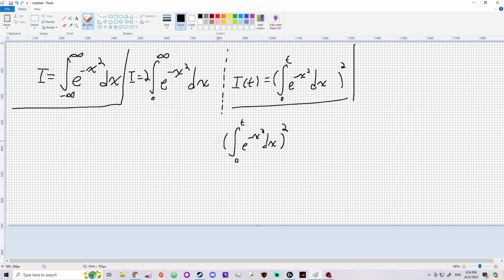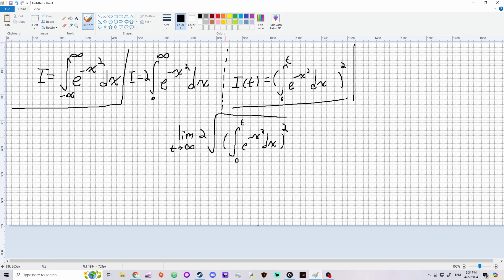Well, we want this integral, and this integral is equal to this integral here. So how do we make it look the same? First of all, let's get rid of this square, so we'll square root it. And then we're going to want to multiply it times 2, and then take the limit as t goes to infinity.